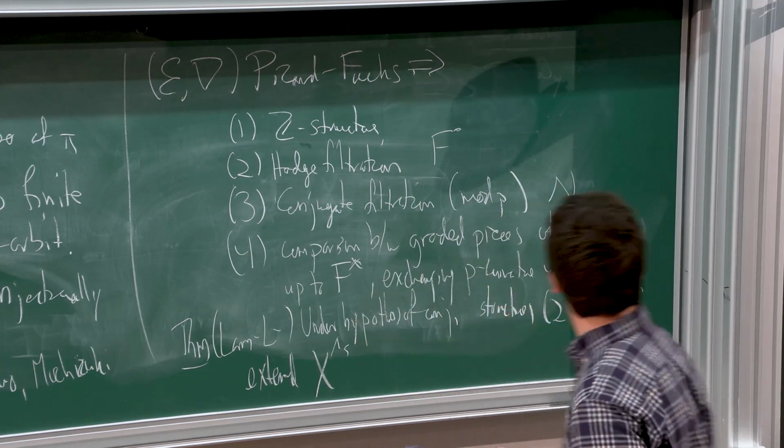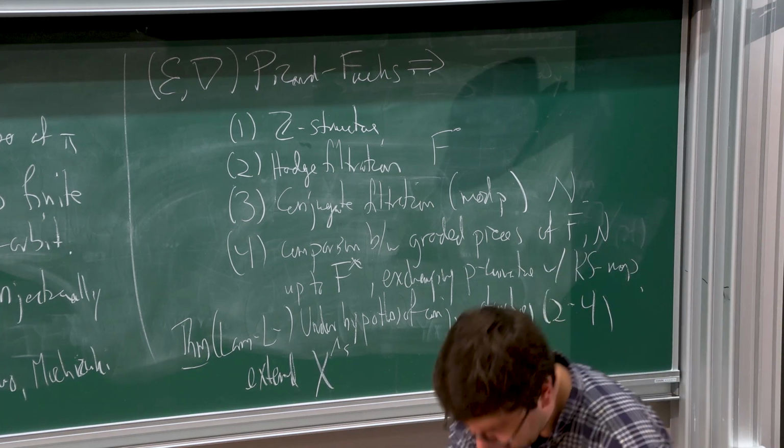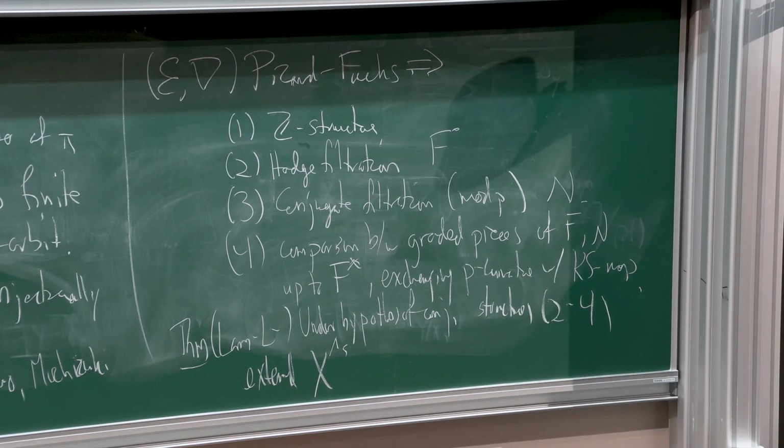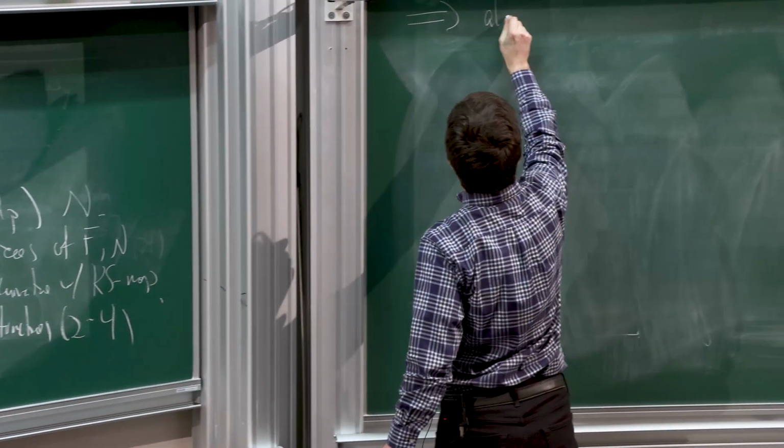Okay. So I probably will not have any time to say how one proves this. You should feel free to ask me about it in the break if you'd like. But let me just say a word about how to deduce the algebraicity of the leaf.